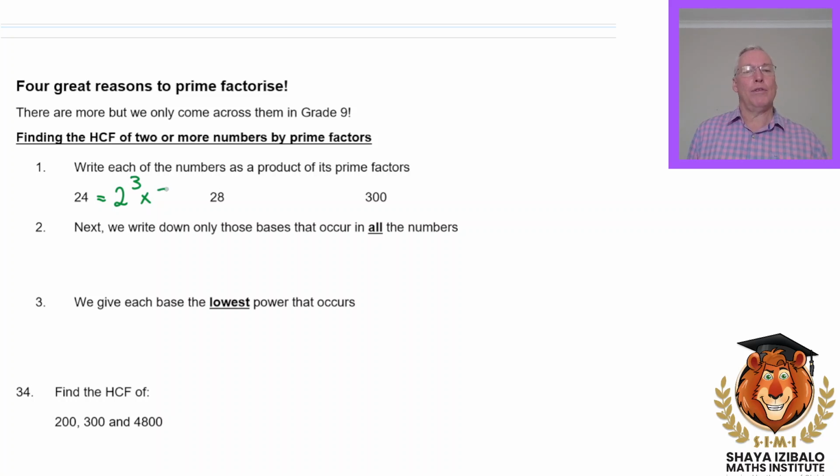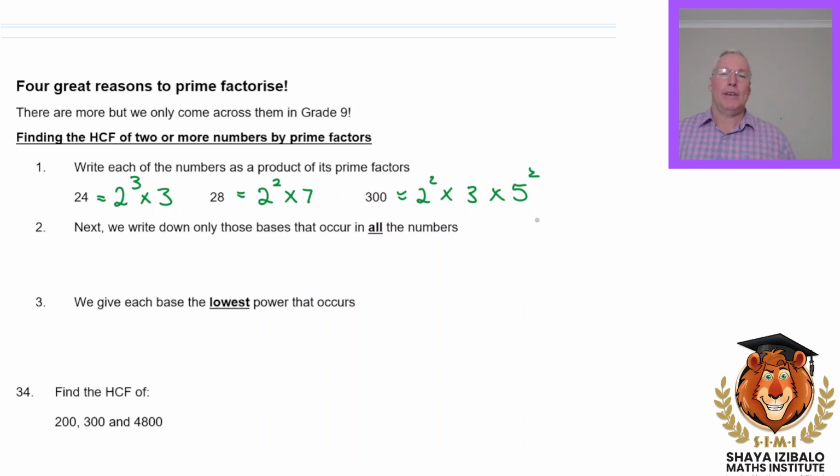So 24 is 2 cubed times 3. 28 is 2 squared, it's 4 times 7. And 300 is 2 squared times 3 times 5 squared. The only reason I can do those in my head is because I've had loads of practice. But remember, 100 is 4 times 25, and there's the 3.